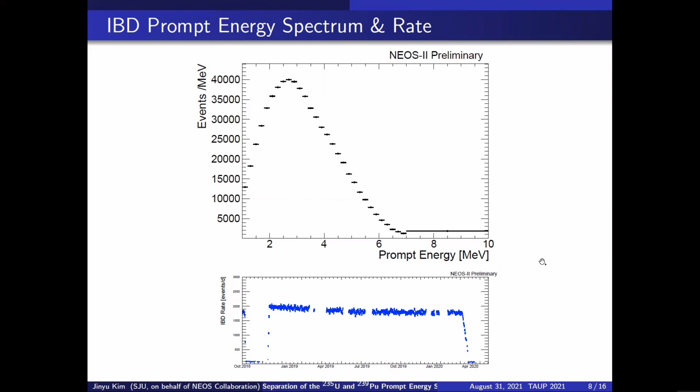The IBD rate is about 2,000 events per day at the beginning of the reactor-on time, decreasing to 1,800 at the end. The background rate is about 80 events per day.